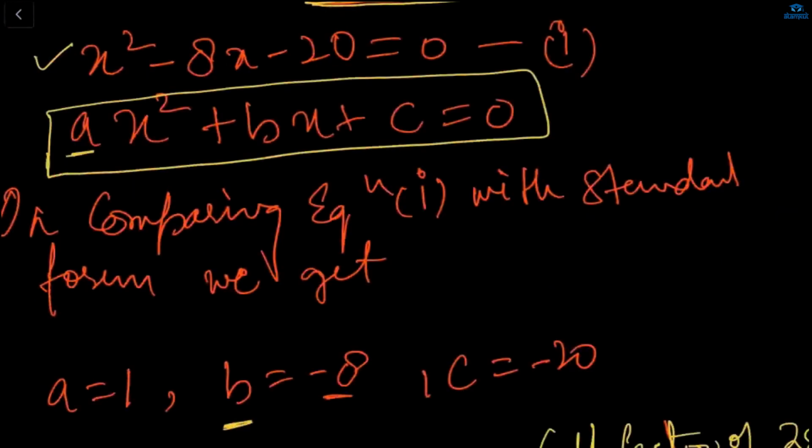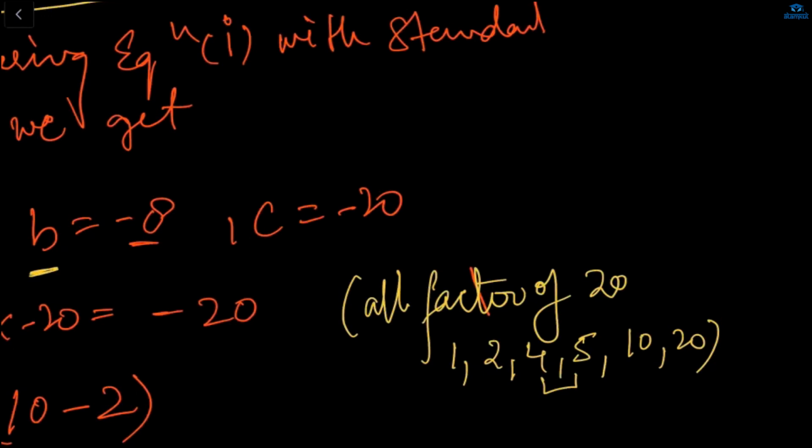If the sign of C is minus, then you have to use the factors in such a way that on subtracting you will get B. And if it is plus, then you have to use the factors in such a way that on addition it will give you B. For example, if it was written 1 instead of 8, you can use 4 and 5 on subtraction. On subtracting 5 and 4, and multiplying, 5 4s are 20, you are going to get.